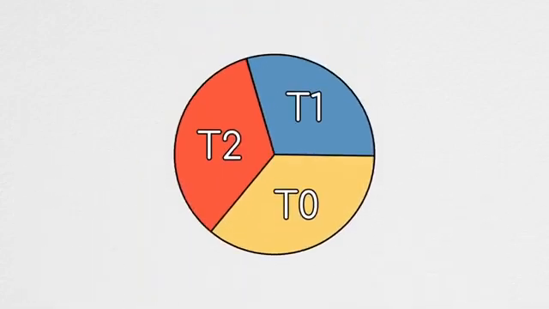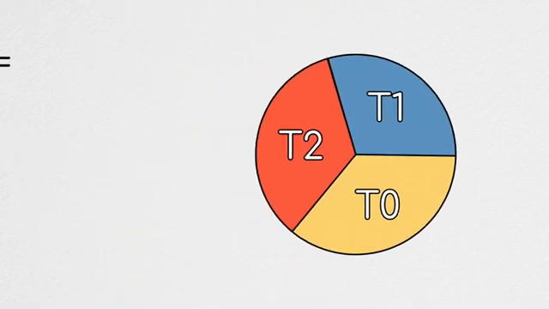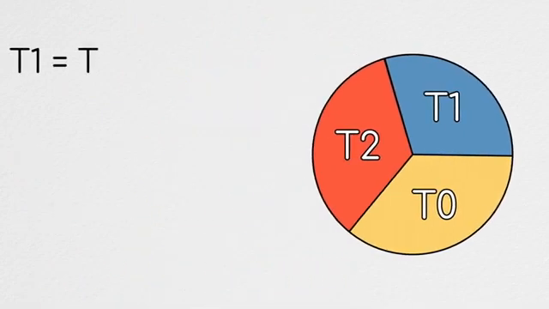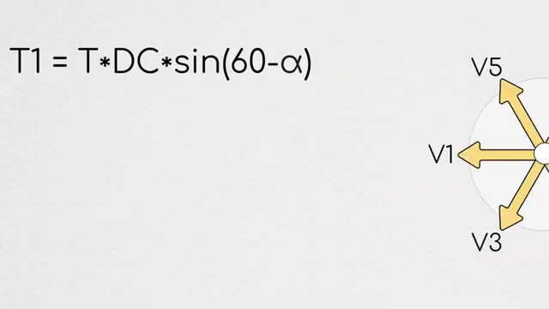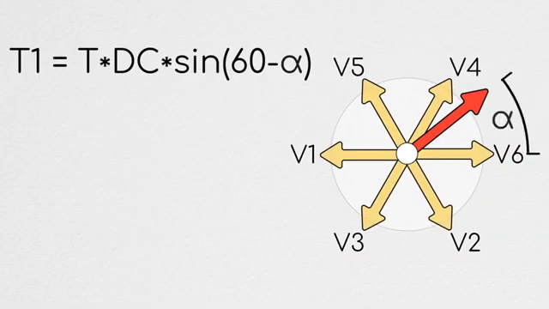Using these values, you can then calculate the time you want to spend in each of your force configurations, as well as your null vector. T1 will be equal to your PWM period in seconds times your duty cycle times the sine of 60 minus the angle alpha. This alpha value is how far your desired vector is past the vector in which you will spend T1.